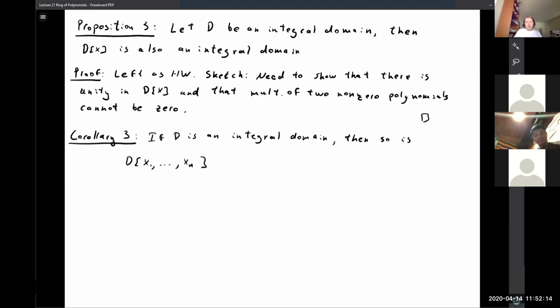Well, when we have an integral domain, last time we defined the field of quotients for an integral domain. Let me actually put this on the blackboard.